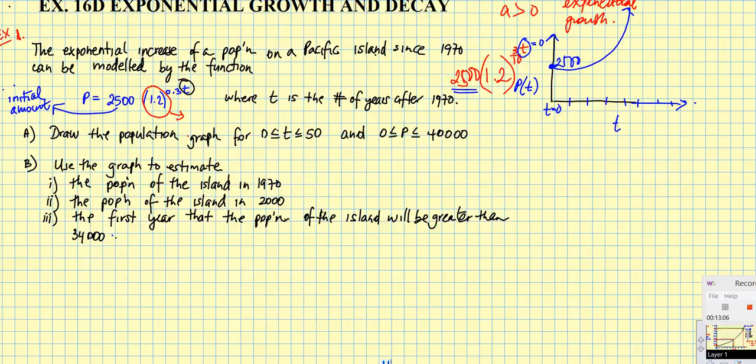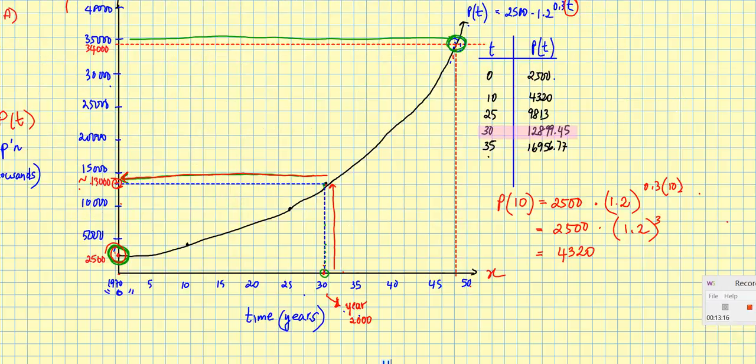Okay, so the next thing that you're asked is the first year that the population of the island will be greater than 34,000. So 34,000 is approximately here, and again, remember, this is approximating. So 34,000 would be approximately there. If I take that along the graph along the x, and then come down along the y, it looks like it could be approximately 48 years.